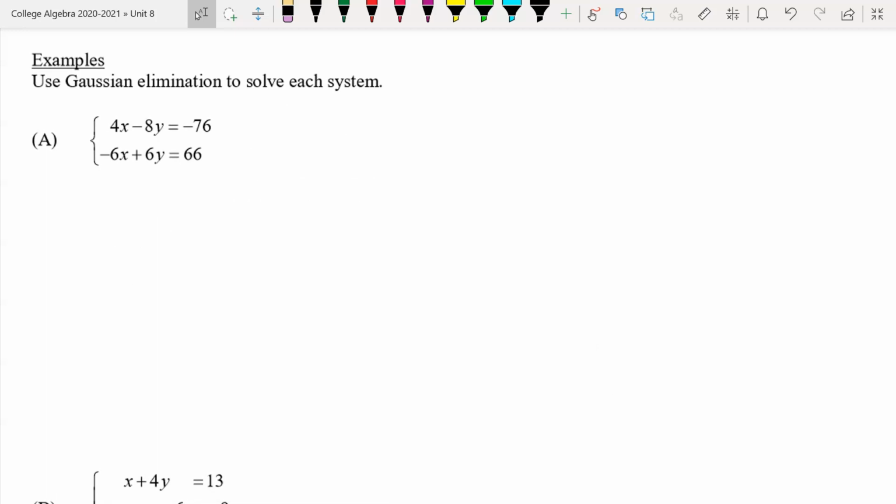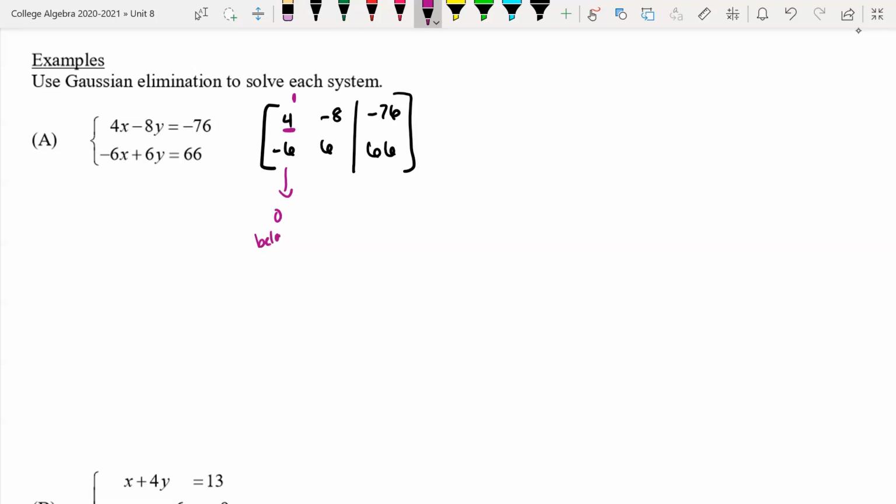All right, so first thing is you want to make an augmented matrix. So I'm going to have 4, -6, negative 8, 6, negative 76, and 66. So now the thing about this is there's a lot of ways to go about it. Your goal, though, is to get a 1 here first, and then zeros below it.